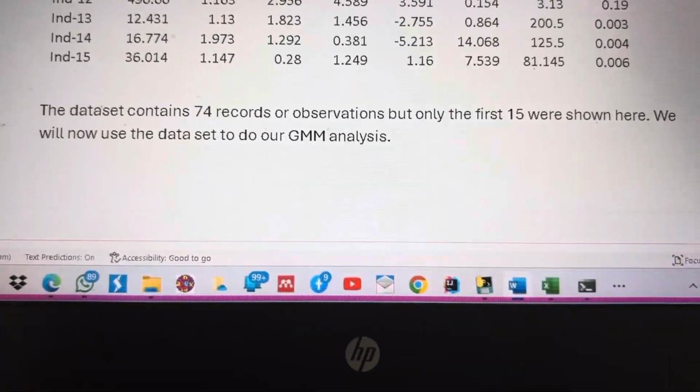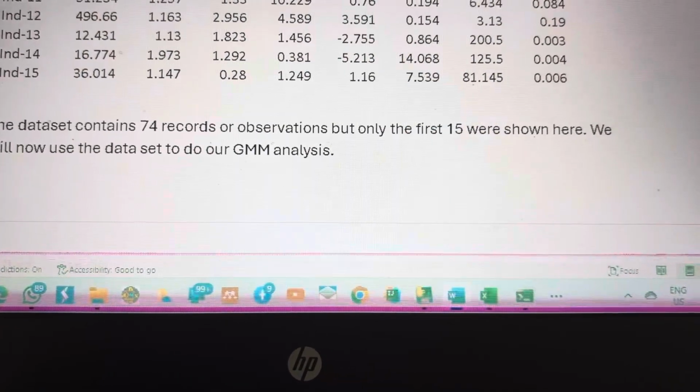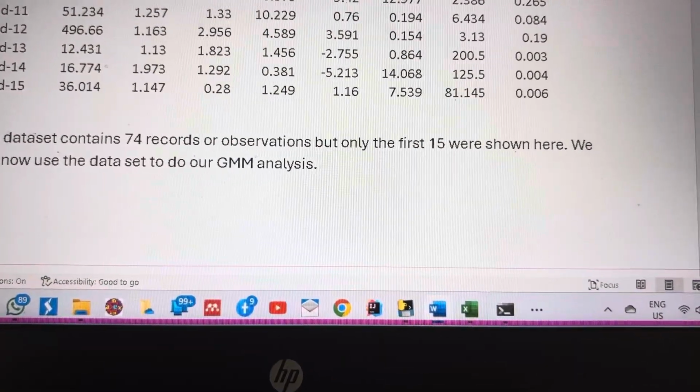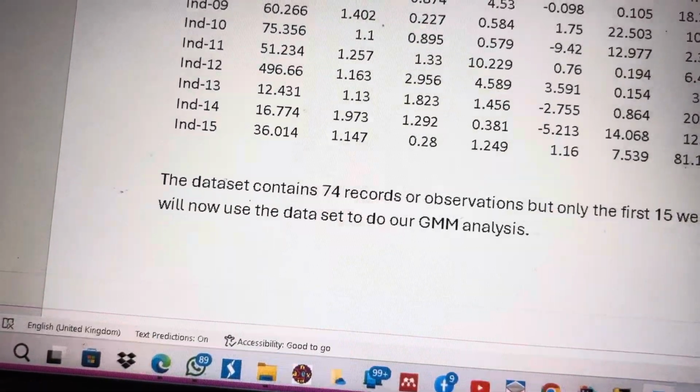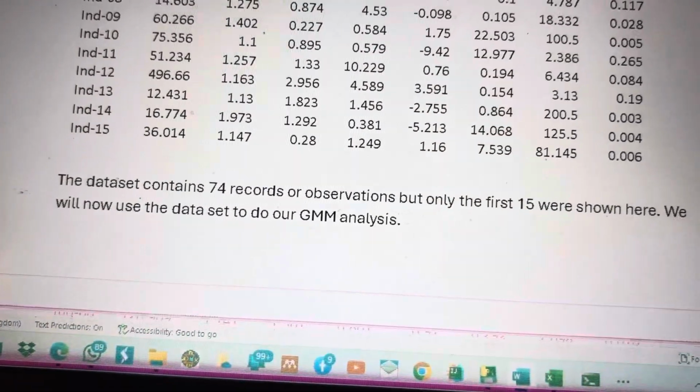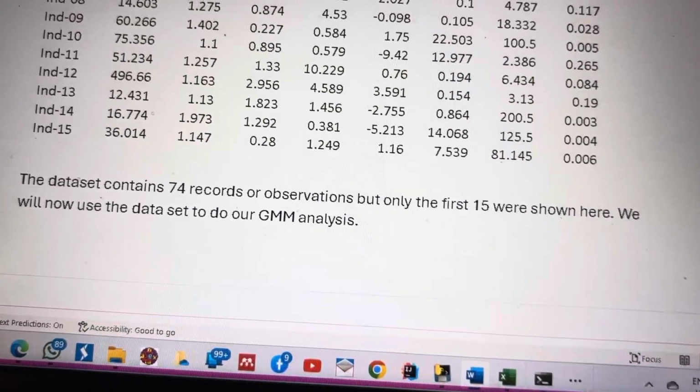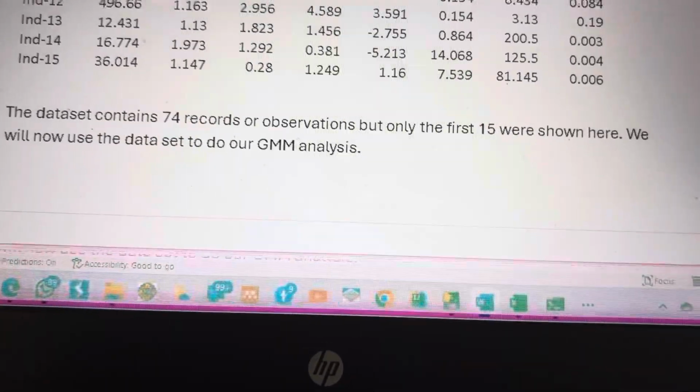Okay, the dataset contains 74 observations, but only the first 15 were shown here. We will now use the dataset to do our GMM analysis with VSP.